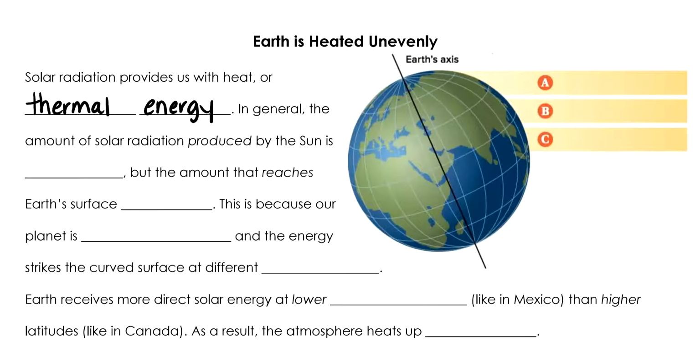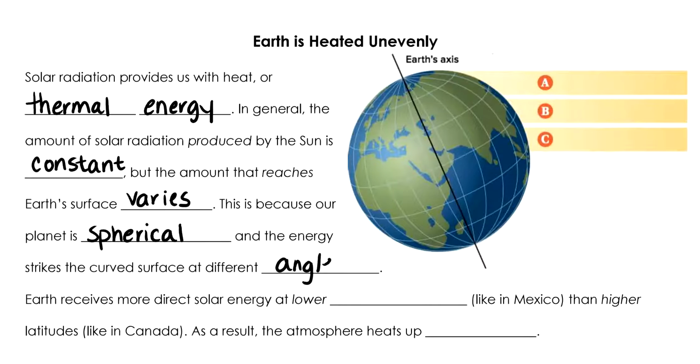And the amount of solar radiation produced by the sun is constant, but the amount that reaches us on Earth varies. Because of the fact that our planet is spherical and tilted at 23.5 degrees, the energy strikes the curved surface at different angles.